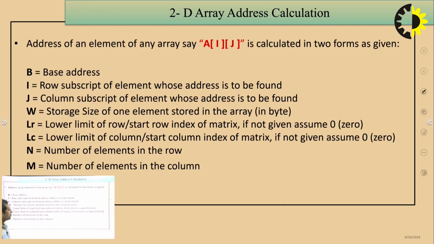Now to calculate the address of a particular element of a 2D array, we use some notations. Say we want to calculate the address of the ijth element of array A, where I is the row index and J is the column index.